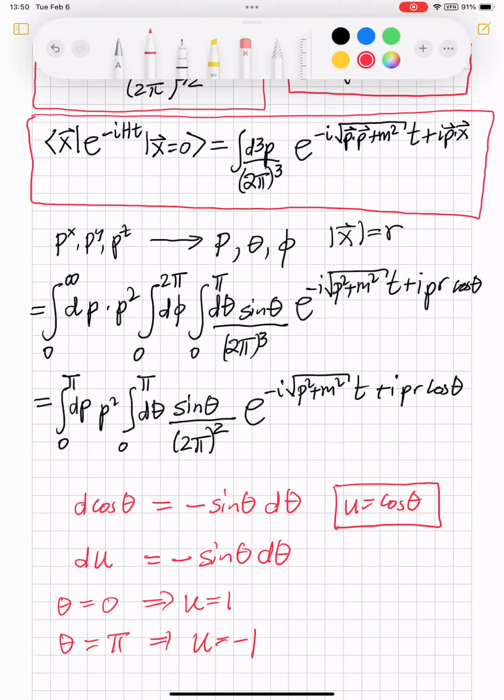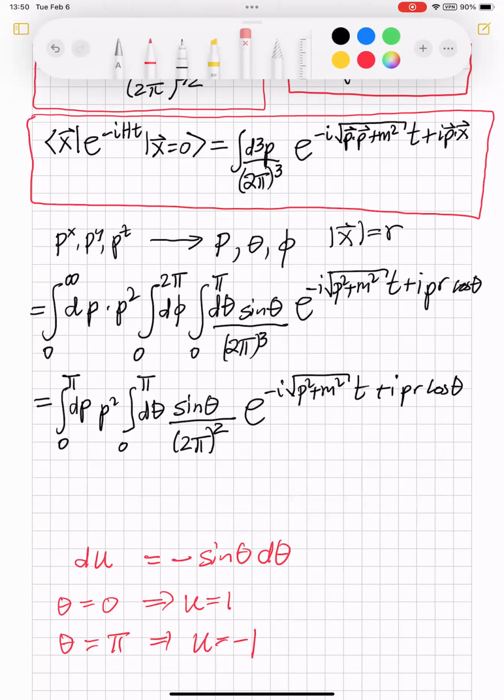But remember, I've got a minus sign because du is minus sine theta d theta. So I can use the minus sign from du to swap the limits so that it goes from minus 1 to 1. So if I make those steps, what do I get? Well, let's just clear a little bit of space here.